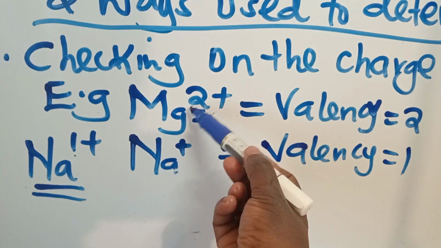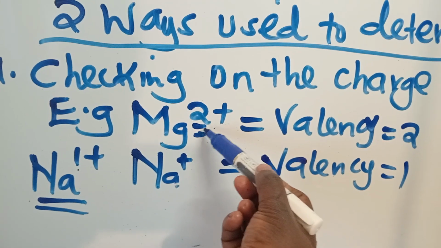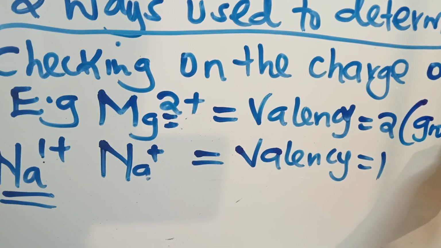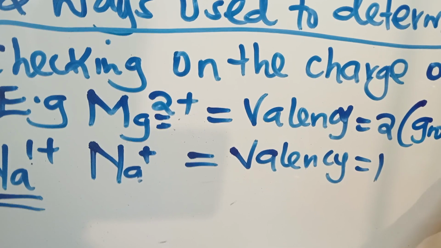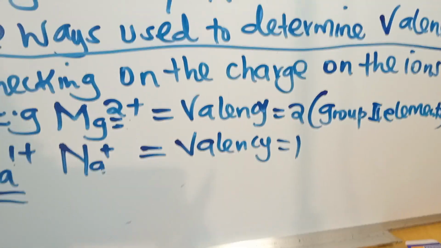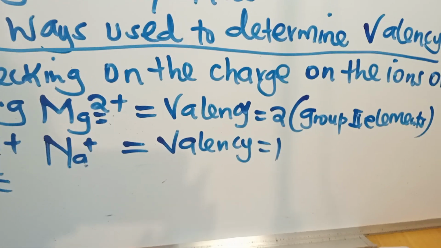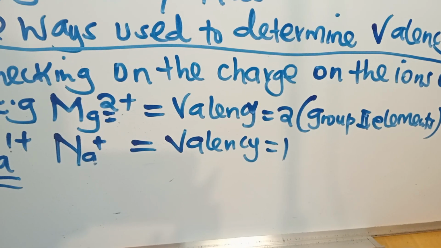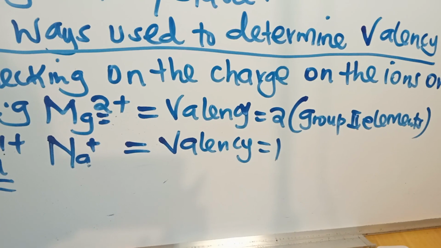So Mg 2 positive, which is magnesium, is standing in for group 2 elements, or the alkaline earth metals. Any element that is in group 2 will always have a valency of 2.